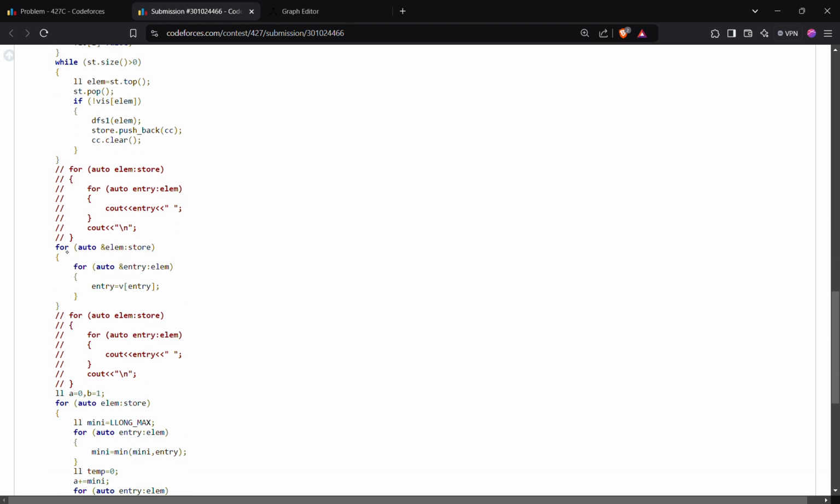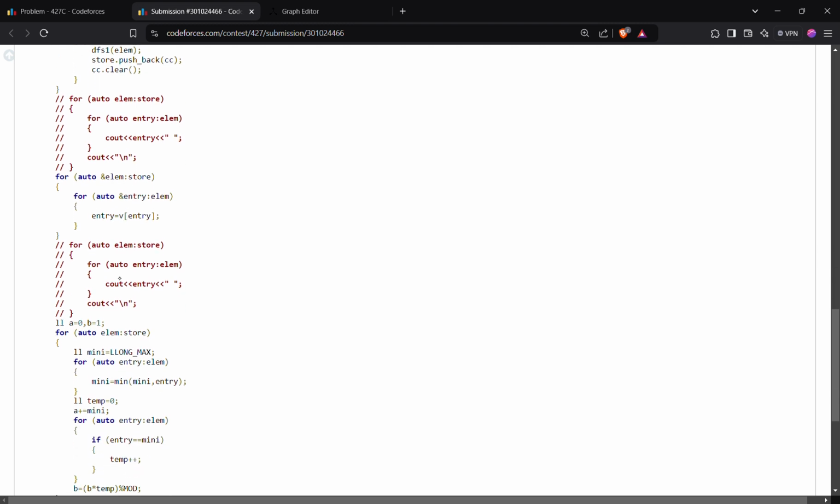And here comes the most interesting part. Not most interesting, I would say somewhat clever. I am referencing the elements from this store vector, which stores all the strongly connected components. I am picking every entry from those strongly connected components by reference and assigning it to v of entry.